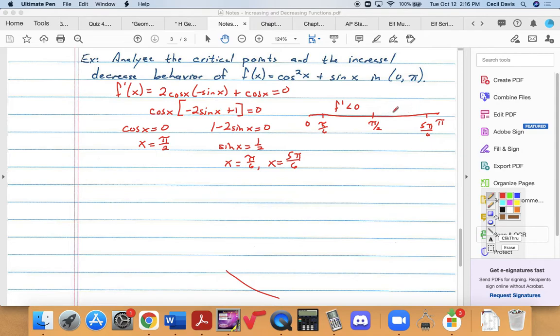If I do 3 pi over 4, well, cosine in the second quadrant is negative, so that's going to be negative. This value isn't going to change. It's still negative, so f prime is greater than 0.